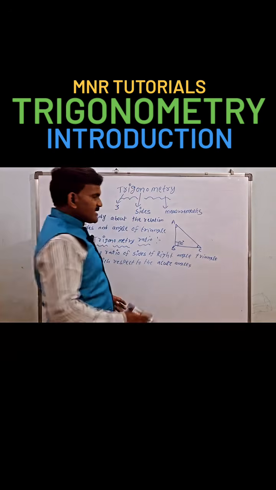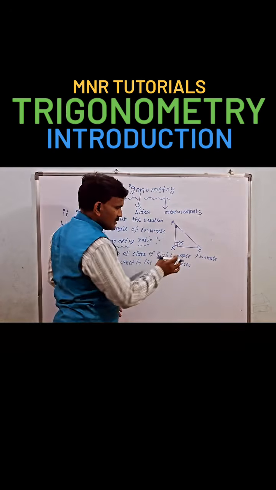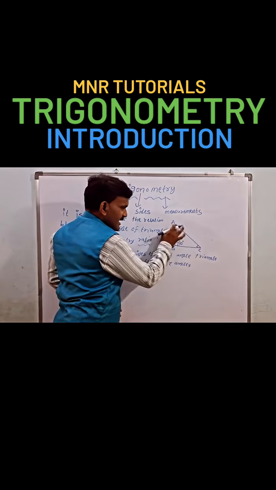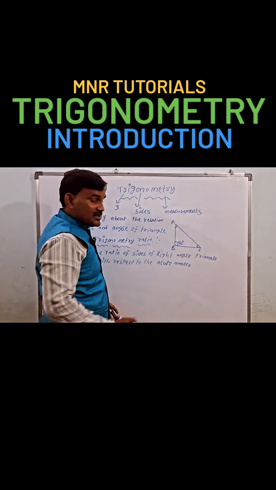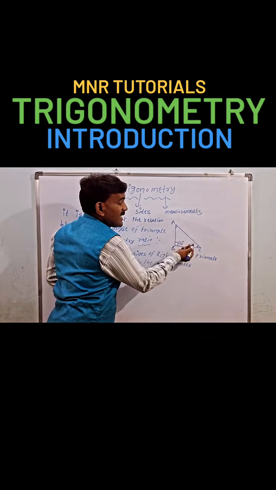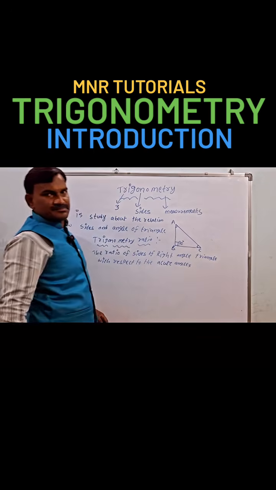Students, it is the ratio of the sides AB, BC, AC of the right angle triangle with respect to the acute angles, angle A and angle C.